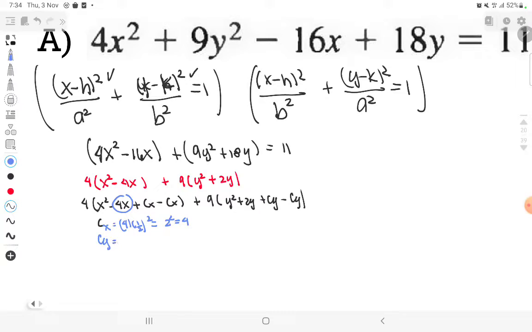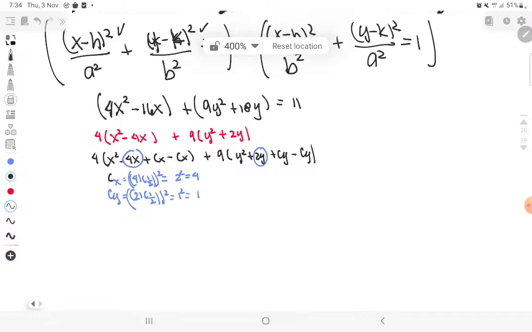My cy is one half of 2, squared, so 1 squared, equal to 1.